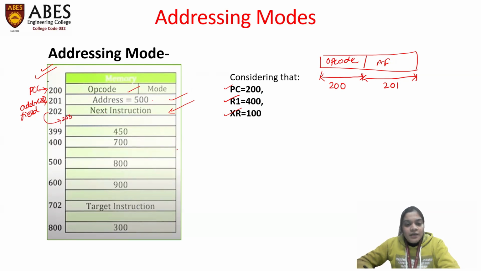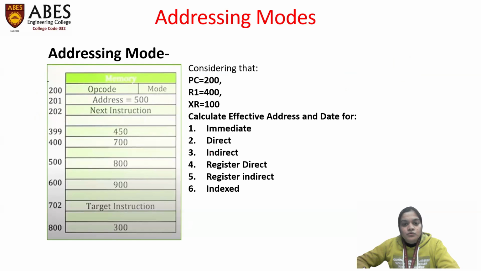So understand that the program counter always holds the next instruction address while the processor is processing the current instruction. This is very important to get clear in your minds. Okay, let's now move on.